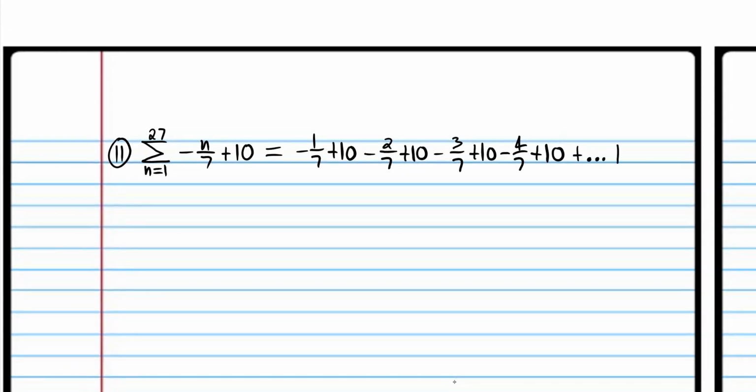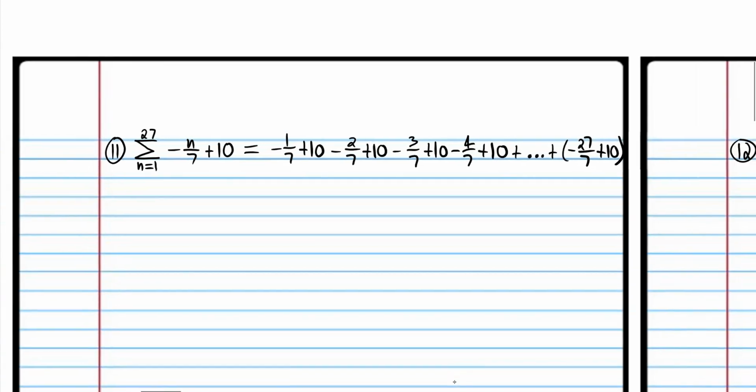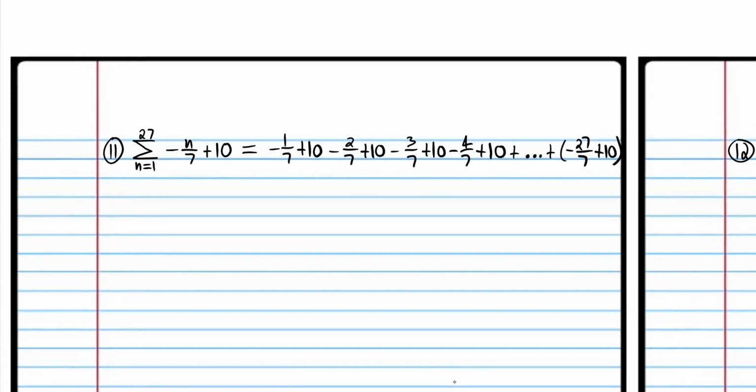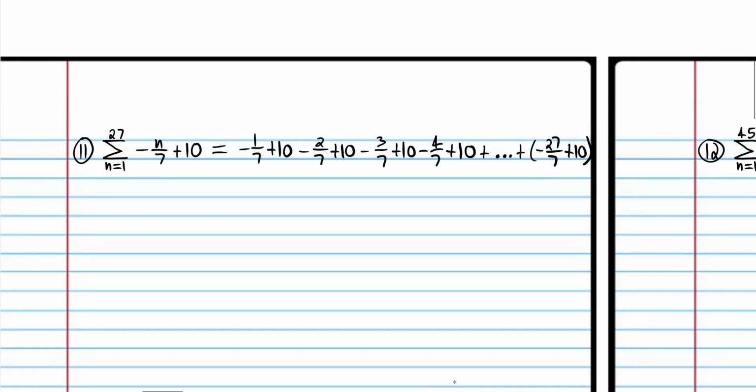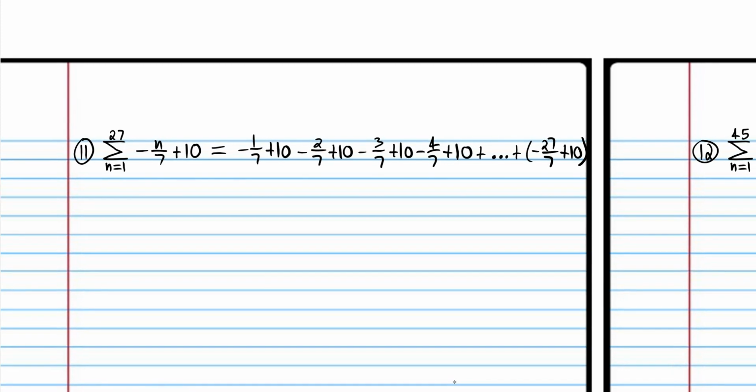And the sum goes all the way to, actually, I guess we can do that. So we can add negative 27 over 7 plus 10. That's the last term. So let's double check and make sure we did everything correctly here. Everything looks right.